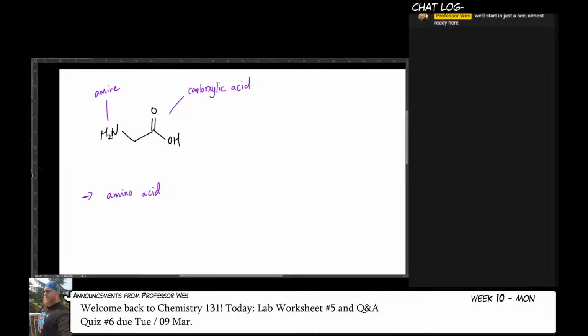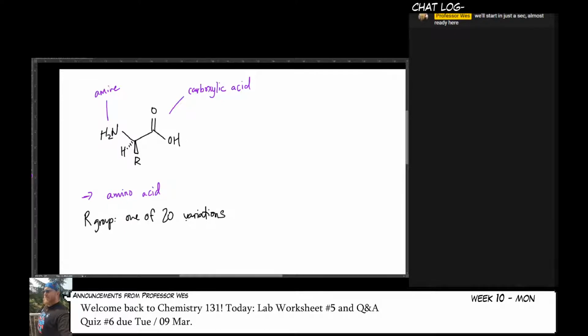Now, I have left out one very important part to my amino acid, and that's actually this right here. I have a chiral carbon, and on that chiral carbon is going to be a hydrogen, and then an R group. And the R group is going to be one of 20 variations.